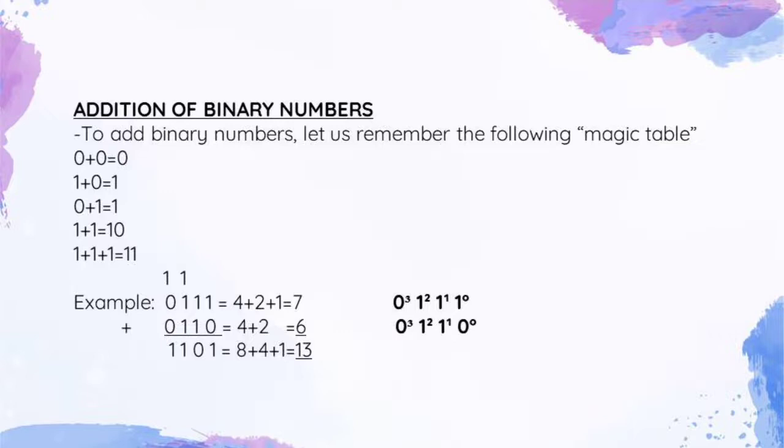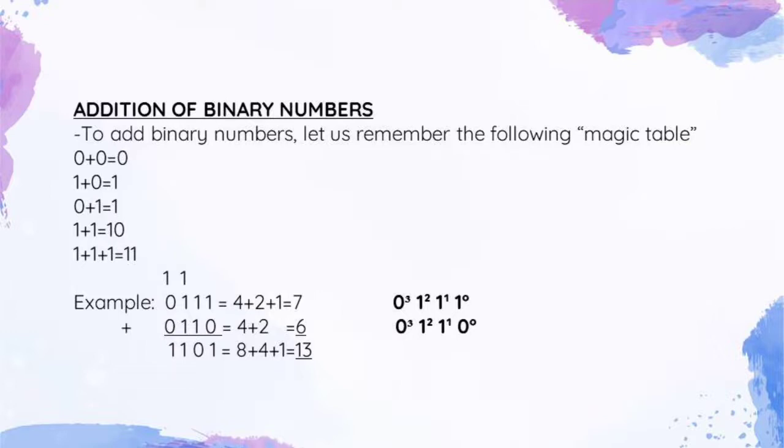If you're wondering what the numbers beside it are, they are the numbers based on decimals. In our example, we have a base of 1 and 0. In order to get the decimal form, we have to solve for this on the right side, which is 1 times 2 to the power of 0 is equal to 1, then 1 times 2 to the power of 1 is 2, 1 times 2 to the power of 2 is equal to 4, and 0 times 2 to the power of 3 is 0.